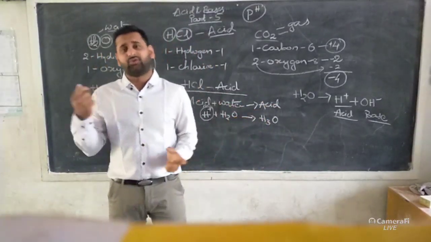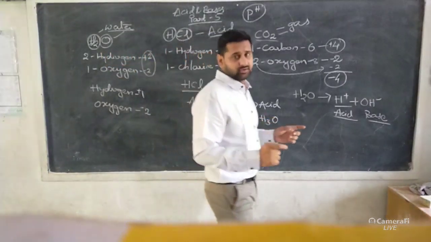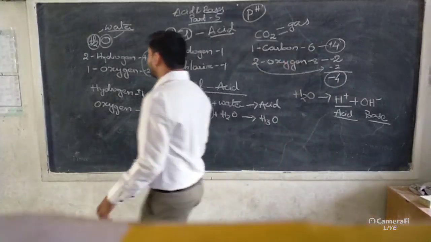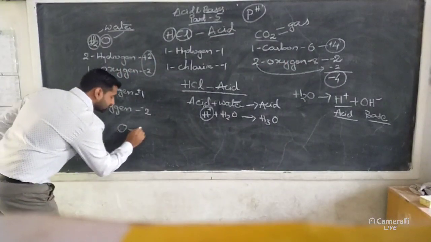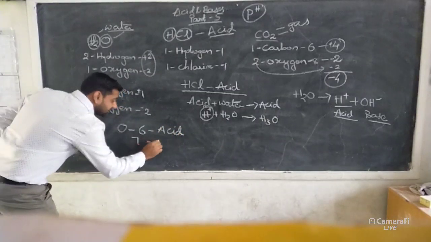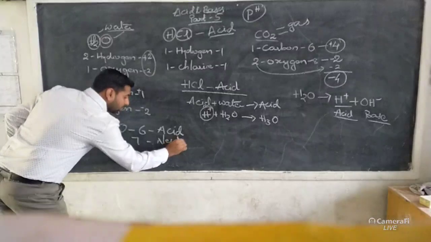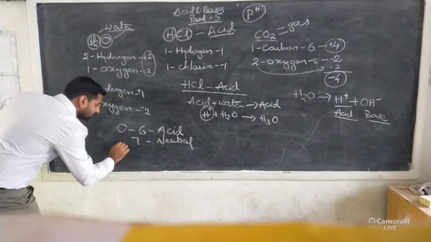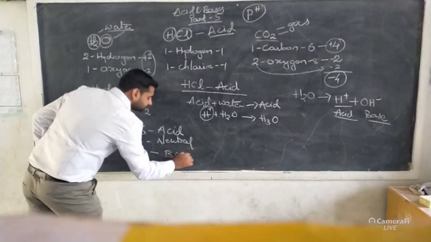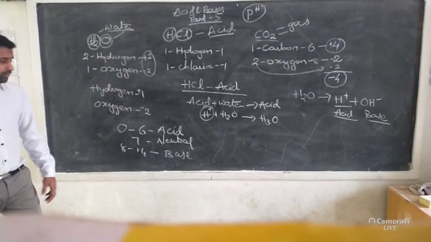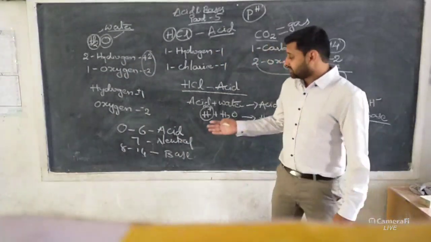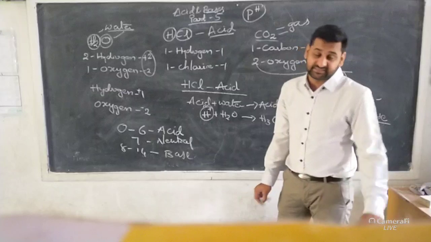From 0 to 6, it is called an acid, and 7 is neutral. From 8 to 14 is the base solution. So 0 to 6 is an acid, 7 is neutral, and 8 to 14 is a base.